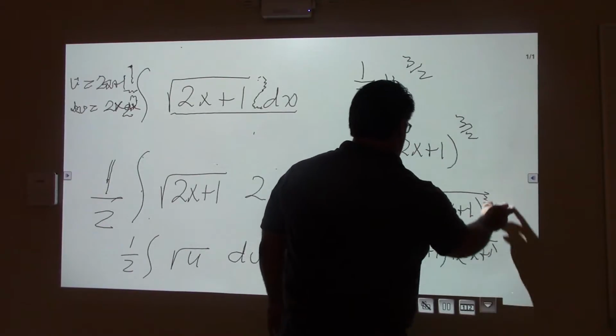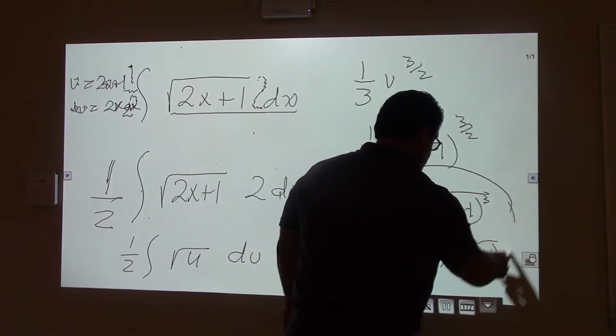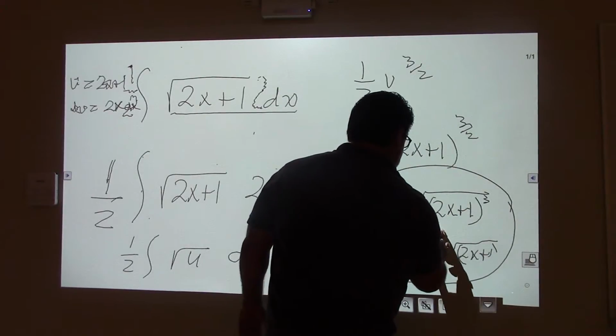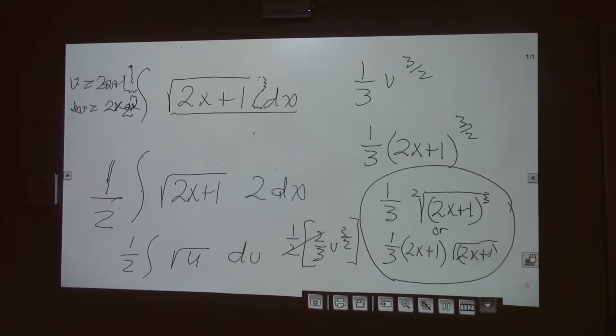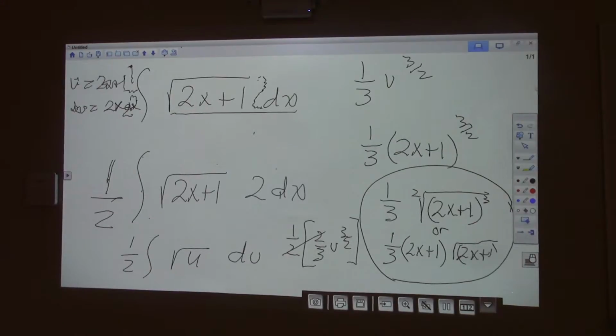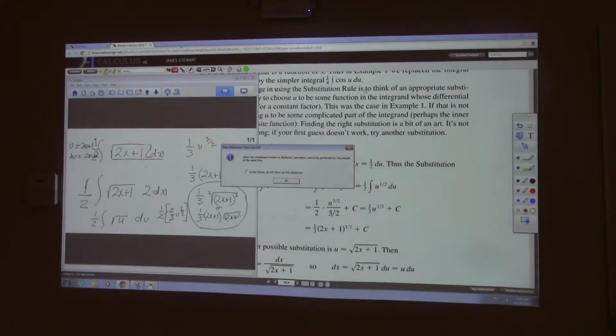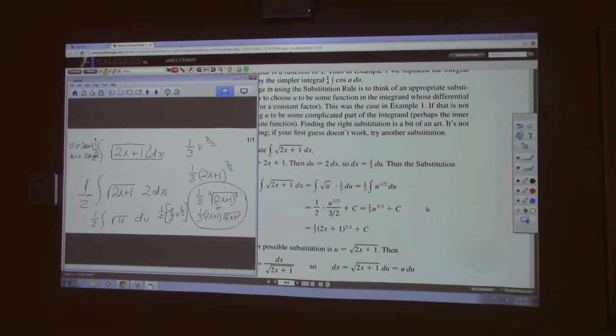So I don't know if they want all that, but somebody tell me what they did in the problem. Anybody got their book open? Let's look and see what they did. One-third, 2x plus 1 to the 3/2.